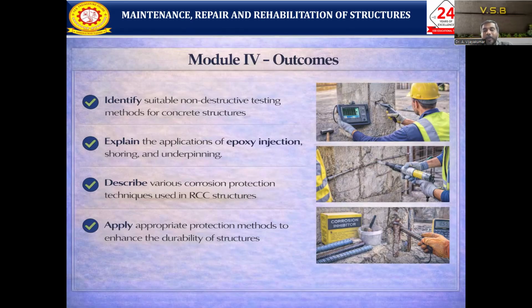The learner can explain the procedure for epoxy injection, shoring and underpinning for strengthening or repairing existing structures, and describe the various corrosion protection techniques used for RCC structures. The learner can apply the appropriate protection methods to enhance the durability of the structure. These are all the outcomes for the learners.